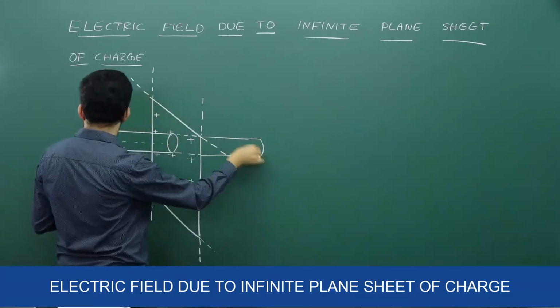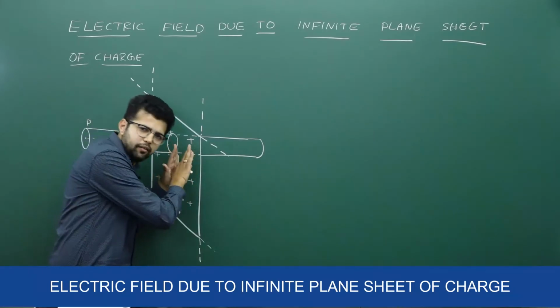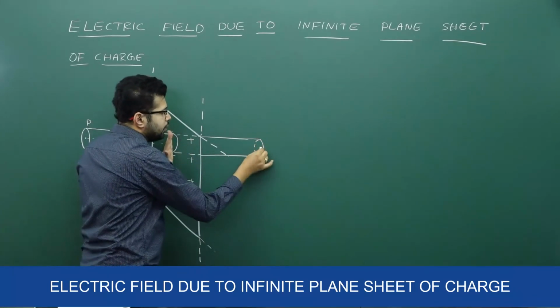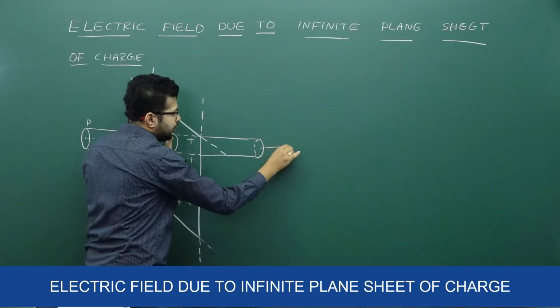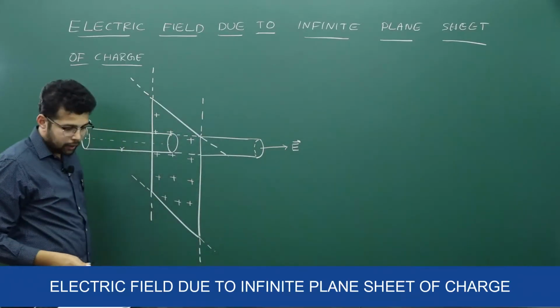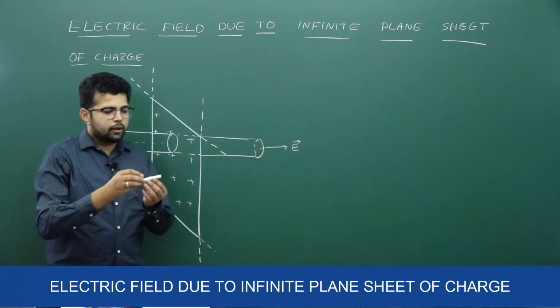This is a cylindrical Gaussian surface, and we know that electric field lines are away from the positive charge. So, here the direction of electric field is radially outward, and I have already explained what an area vector is.